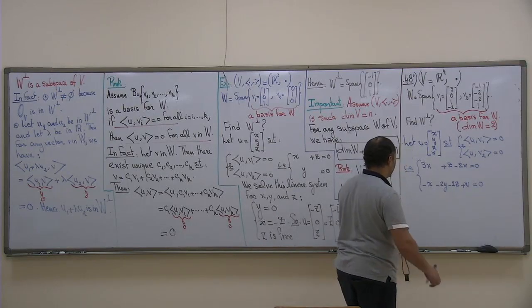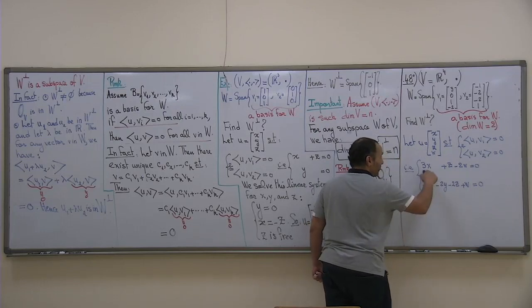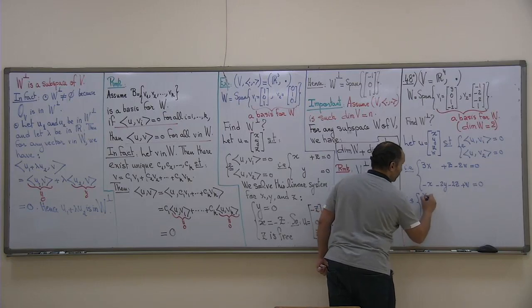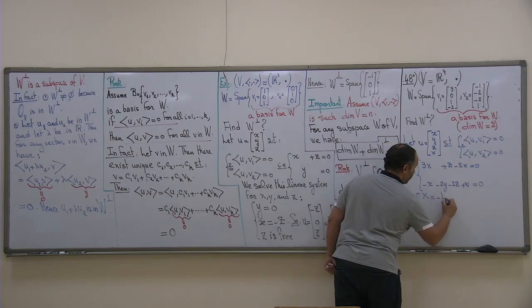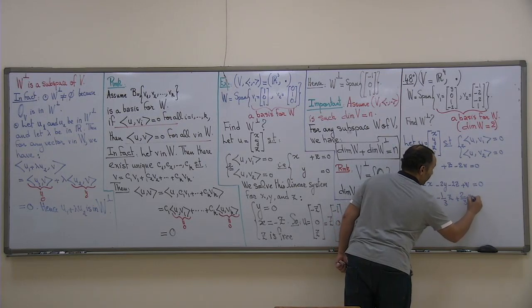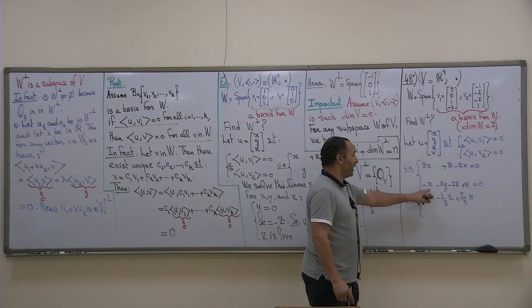Okay, so for example, the first equation gives me x equals minus 1/3 z plus 2/3 w. And I substitute this one in the second equation.